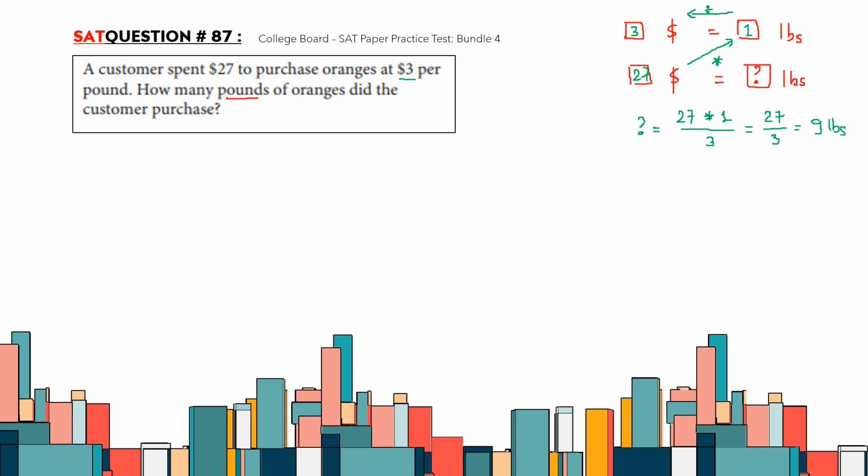We also can make a ratio, the ratio method. So we have $3 per, I mean over, 1 pound. That is equal to $27 over how many pounds?